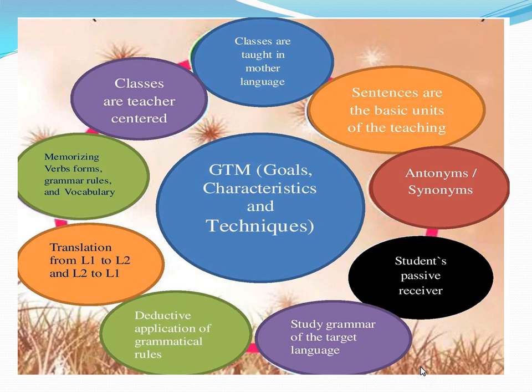Study the grammar of the target language. Deductive application of grammatical rules, that means grammar application massively. Translation from L1 to L2 and L2 to L1 will be there, and memorizing verb forms, grammar rules and vocabulary, as we have also said.